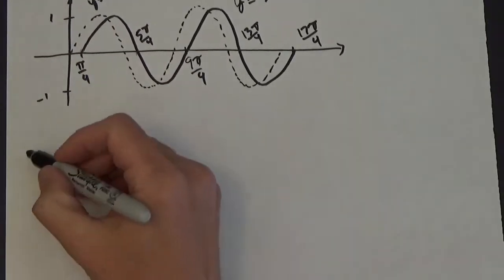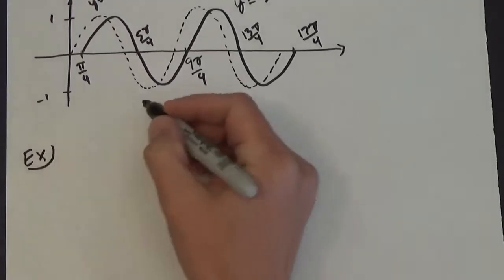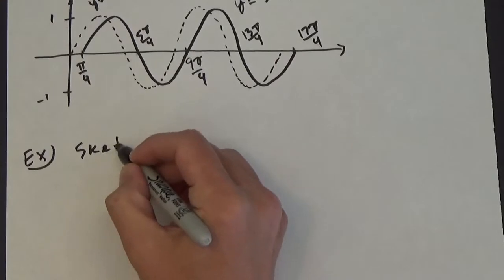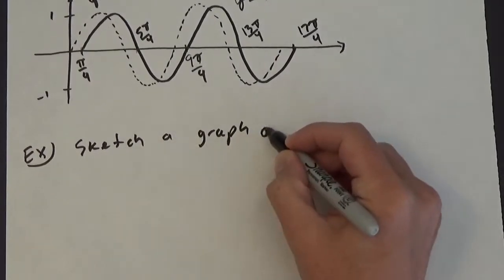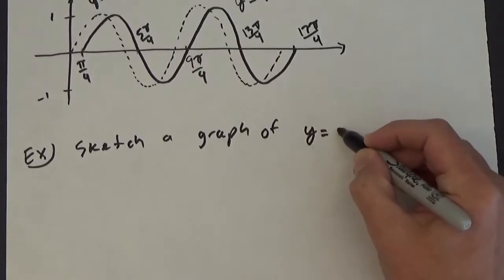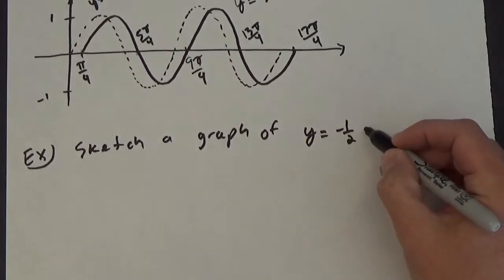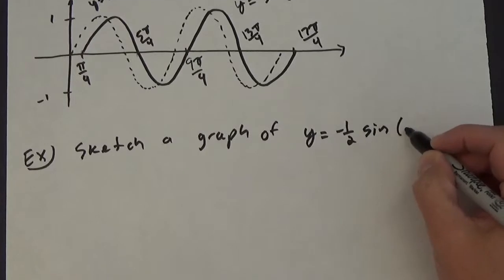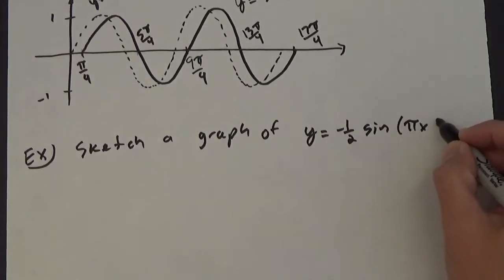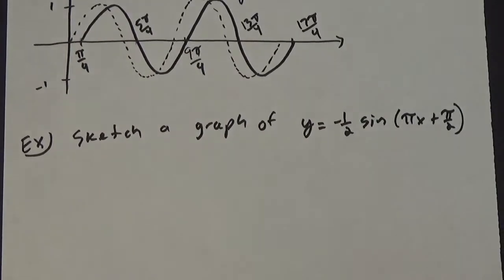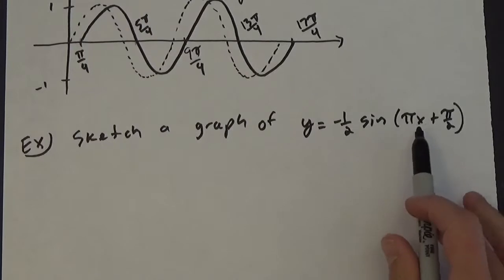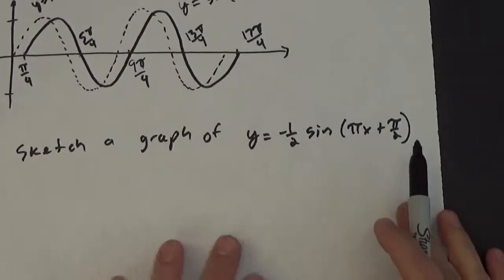Let's do another one of these. We're going to sketch a graph of y equals negative 1/2 times the sine of pi x plus pi over 2. Now when you have all three, we have 3 things going on.